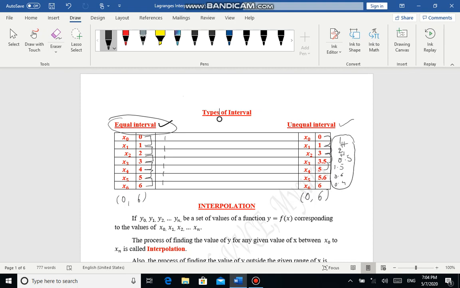So this type of interval is called unequal interval. So remember, equal interval means the differences between consecutive values of x are the same. Similarly, unequal interval means the differences between the consecutive values of x are not the same.